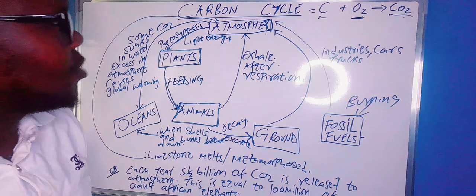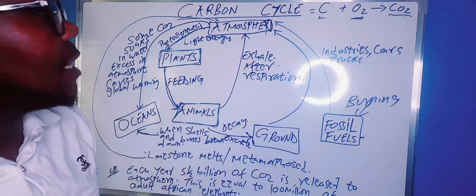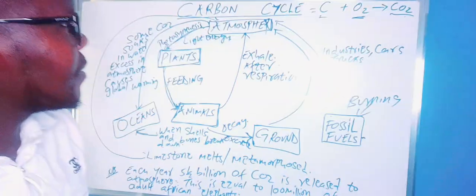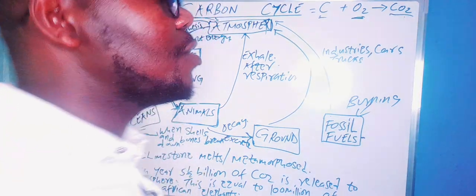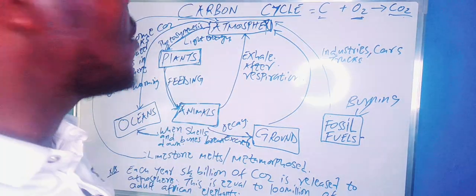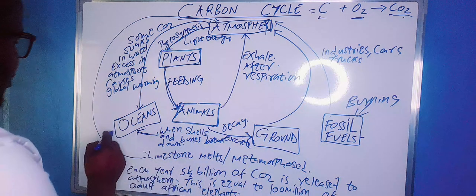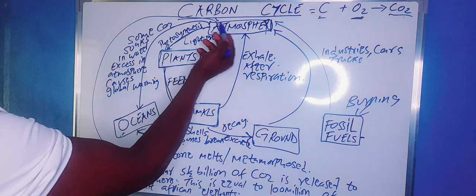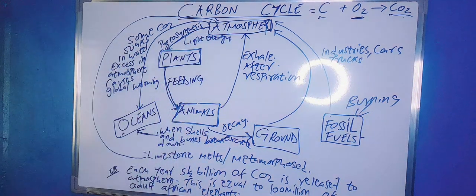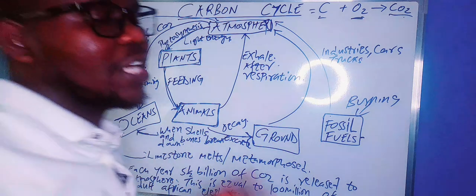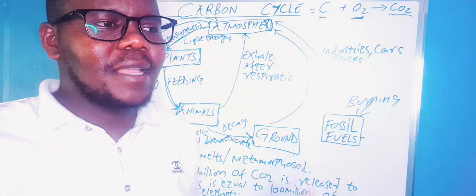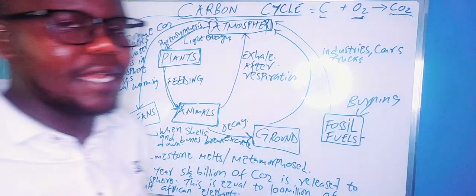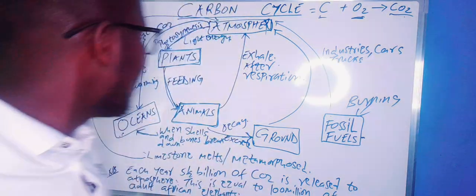It's carbon dioxide, and this carbon dioxide will escape to the atmosphere. Too much of this carbon dioxide in the atmosphere will not be good. It will be taken again away from the atmosphere to the oceans. Some will just soak in water, and it will be there in the water bodies. And that's why we are saying carbon can be in the air, in the oceans, in the seas, in the soils, in the rocks, everywhere.